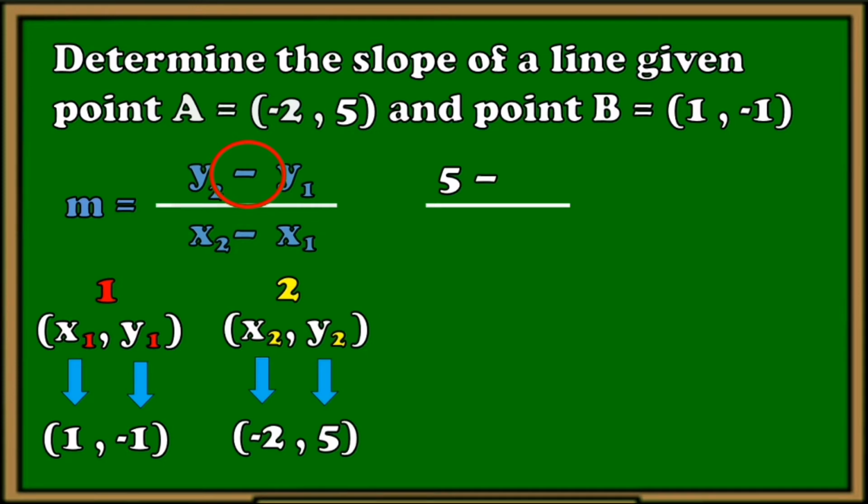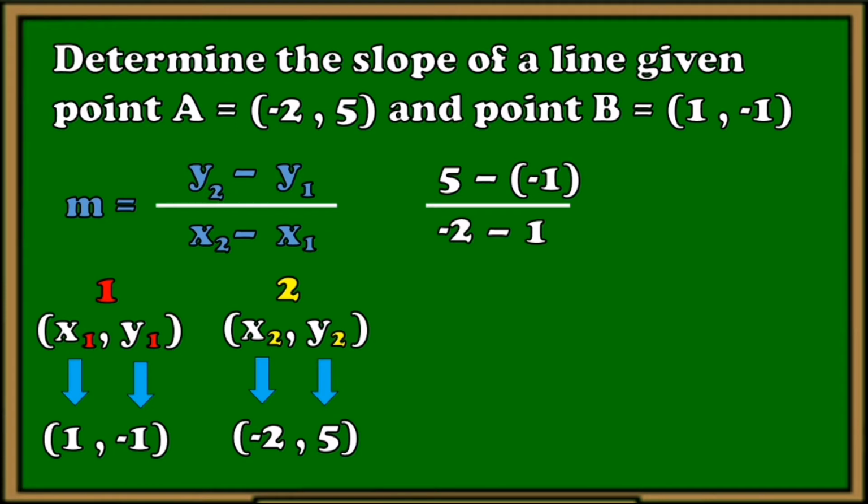Then the operation, then y sub 1 is -1. Next, x sub 2, that is -2, minus x sub 1, that is 1. We now have 5 minus -1 all over -2 minus 1.